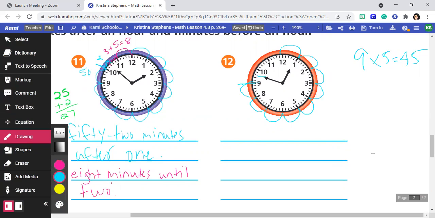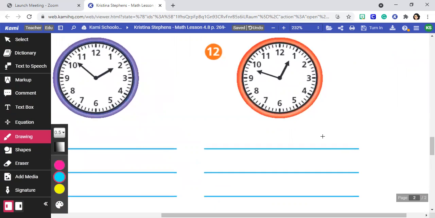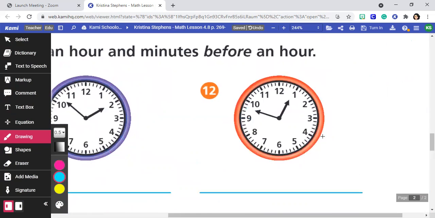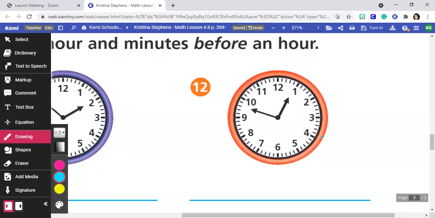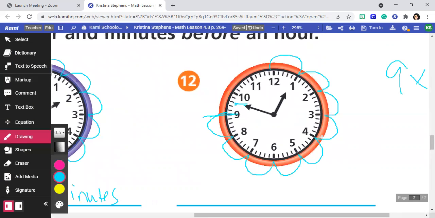So I need to zoom in because of my eyes that need glasses. And did I remember my glasses? Of course not. Why would I do that? So I need to see after the 45 minutes, how many more minutes did we go? 1, 2, 3. So 45, 46, 47, 48 minutes.